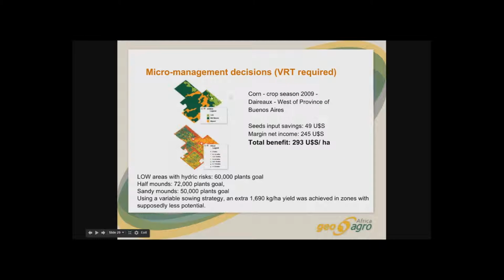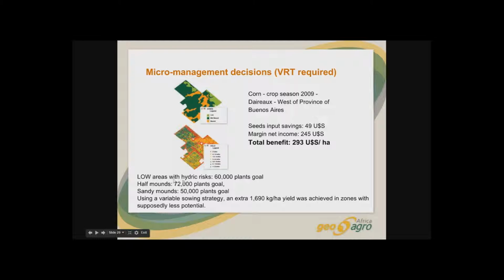Here you see, again, crop season corn 2009. Based on the productivity maps, 3 zones were defined: low, mid-mound, and mound. There were input savings in seeds of $49, and also increased yields worth $245, with a total benefit of $293 per hectare.